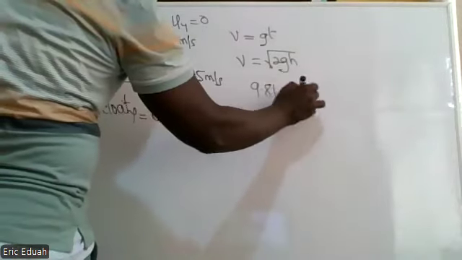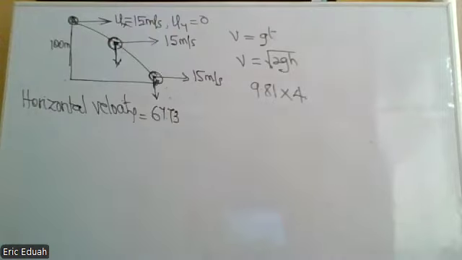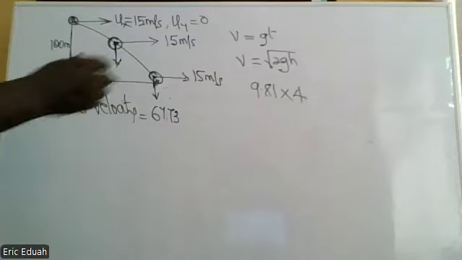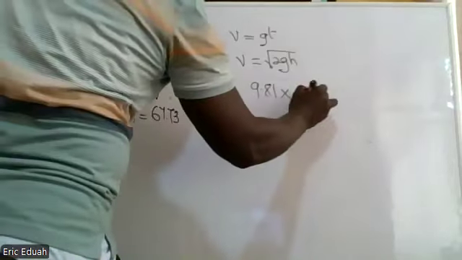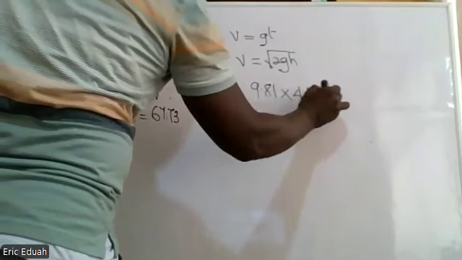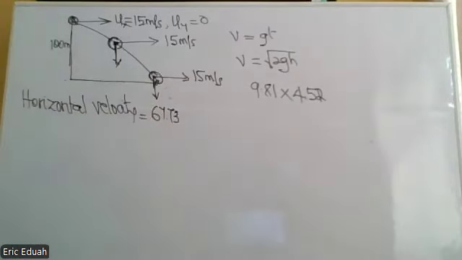You had 4 point what? 4.52. Okay. So the product of these two would give us the vertical velocity at that point.